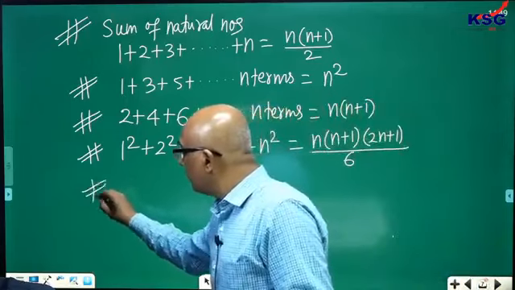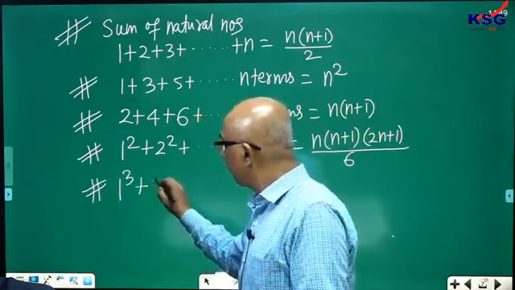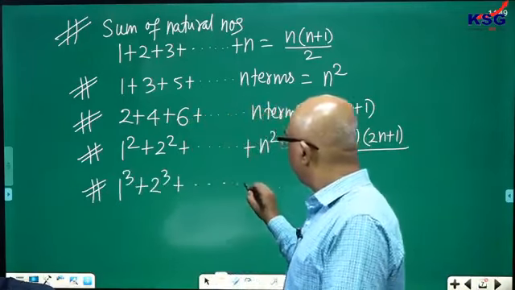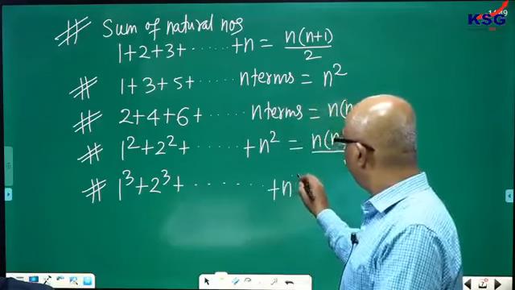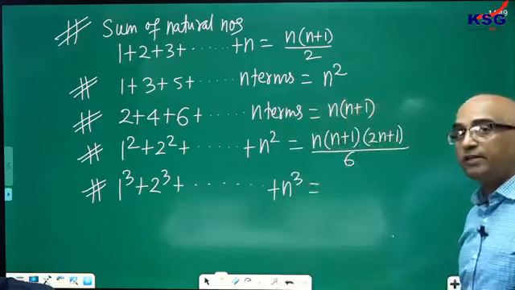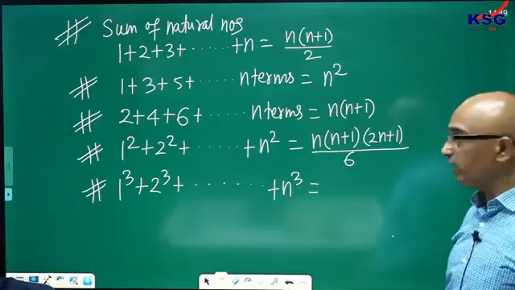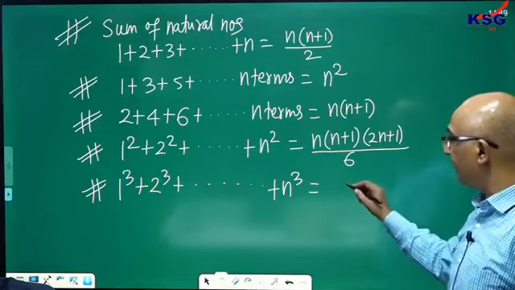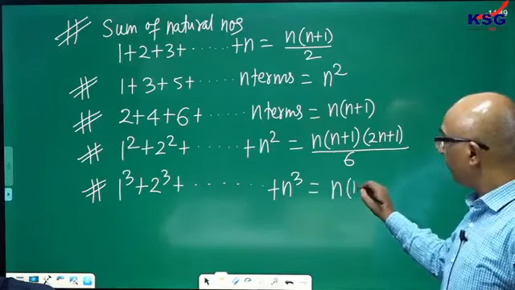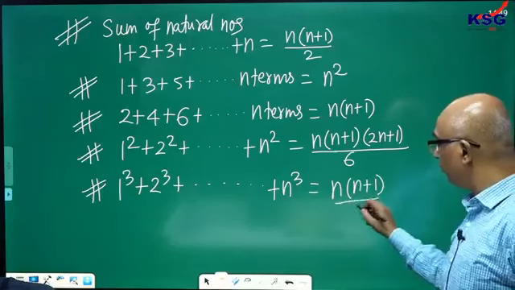And one last relation is the sum of the cubes of n natural numbers: n into n plus 1 divided by 2, whole square.